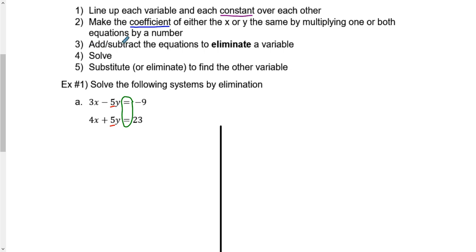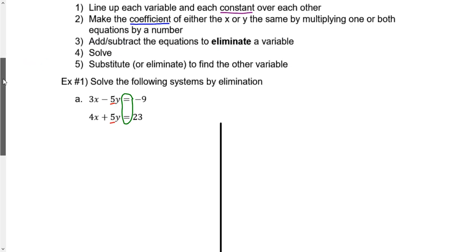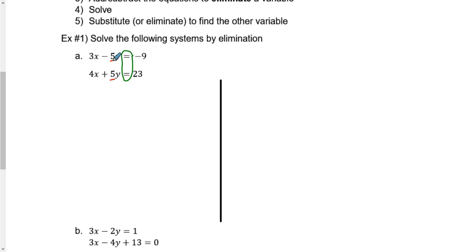Now we're going to add or subtract the equations to eliminate a variable. Well, if we have that coefficient being the same, ignoring the negative and the positive just for right now, we notice that the 5's are the same.